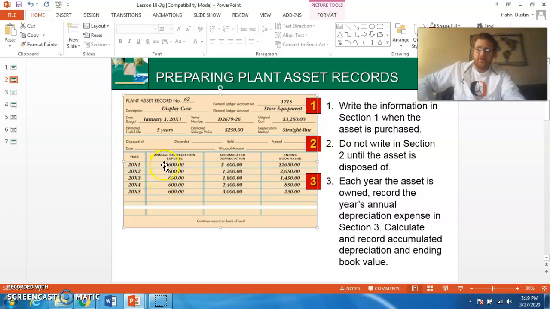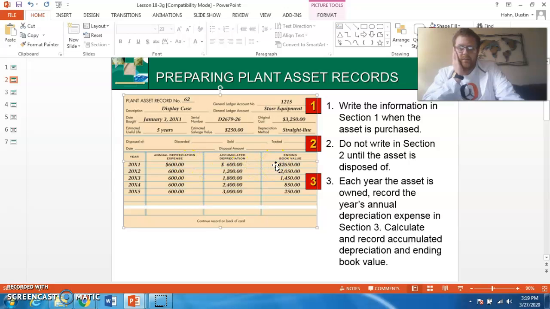After year 1, you are anticipating $600 worth of depreciation. That's how much it depreciated in 1 year. And then you subtract the 2. Your original cost was $3,250, minus $600.